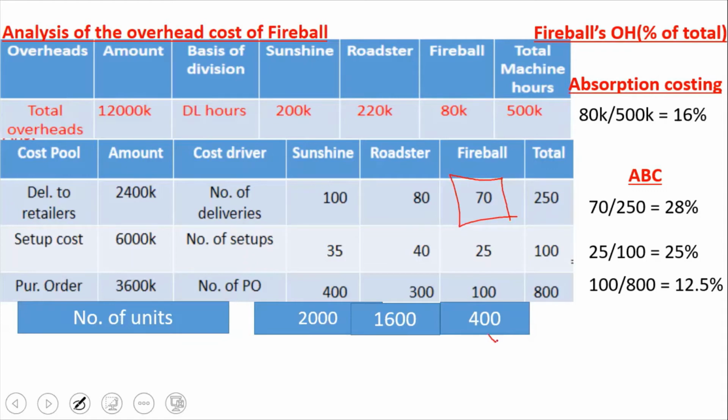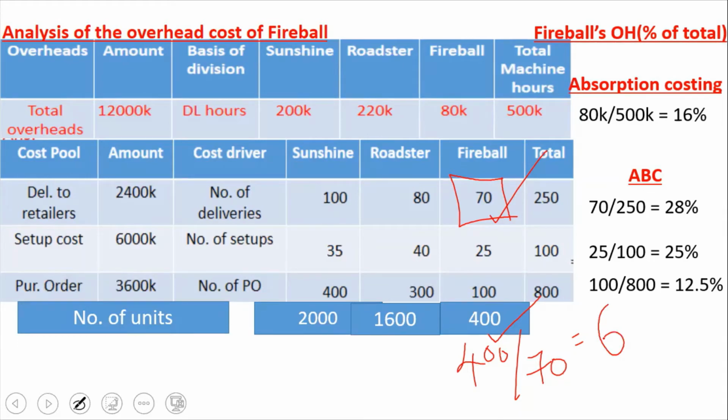That is, these 400 units are being supplied to the retailers by making a delivery 70 times. So for each delivery, how many units are being delivered? It is 400 divided by 70, 6 Fireballs on an average.